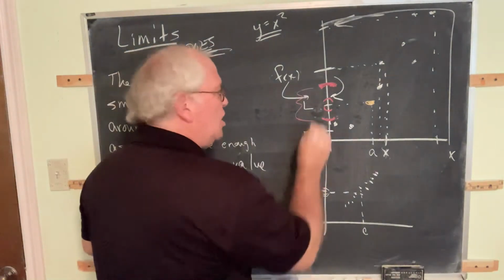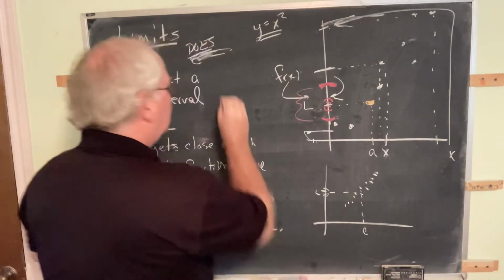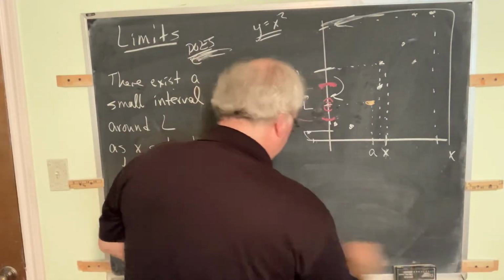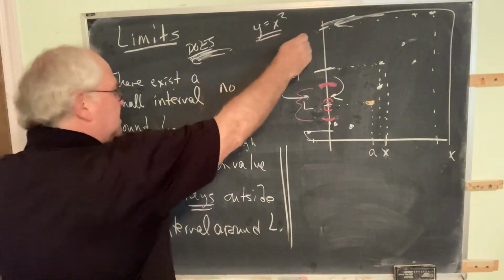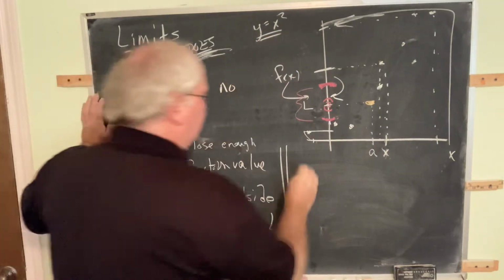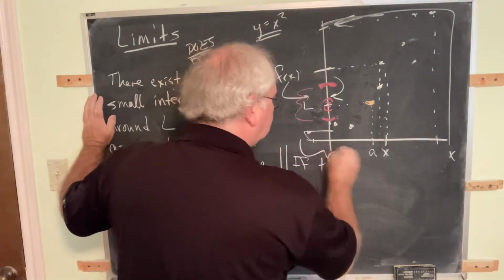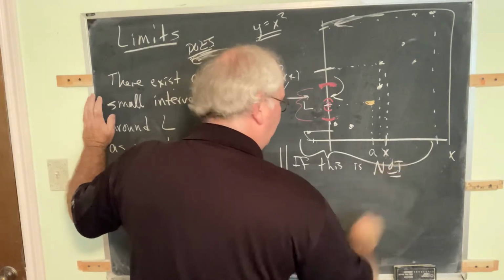So what this says is, no matter how small you choose, here, I'll write it down here. This is what it means if this circumstance is not happening. This is what we want to have.